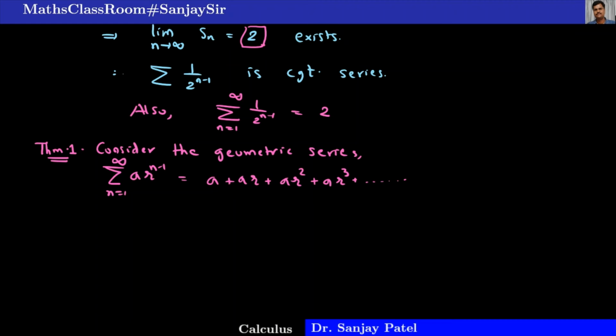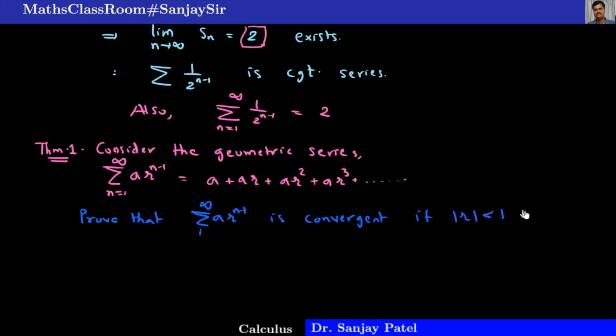Prove that sigma a into r raised to n minus 1, from 1 to infinity, is convergent if the common ratio r has absolute value less than 1.